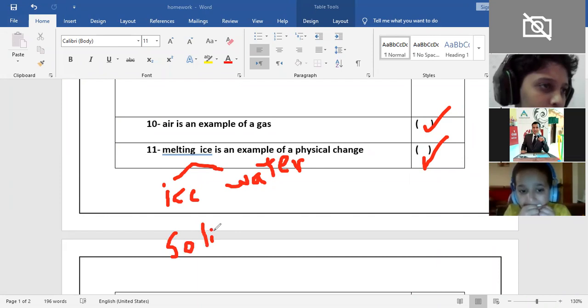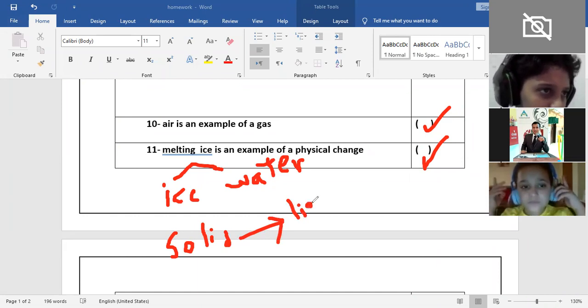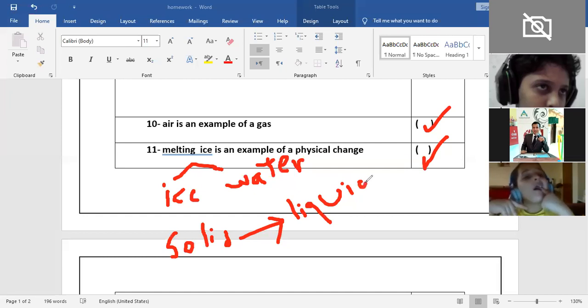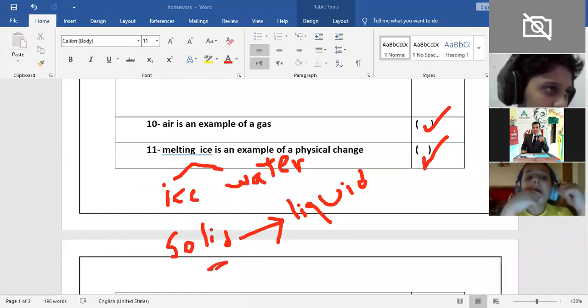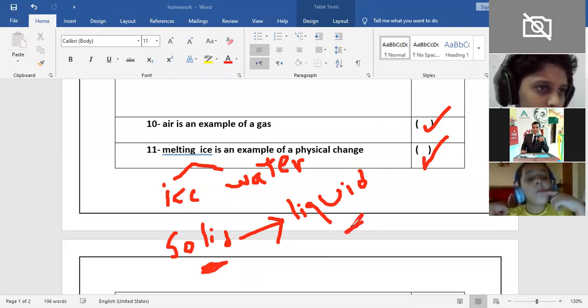And water? Liquid. Yes, you are excellent. So melting is a change of matter from solid to liquid. Don't forget it. Evaporation is the change of matter from liquid to gas. Okay? Thanks, Muhammad Abdulaziz.